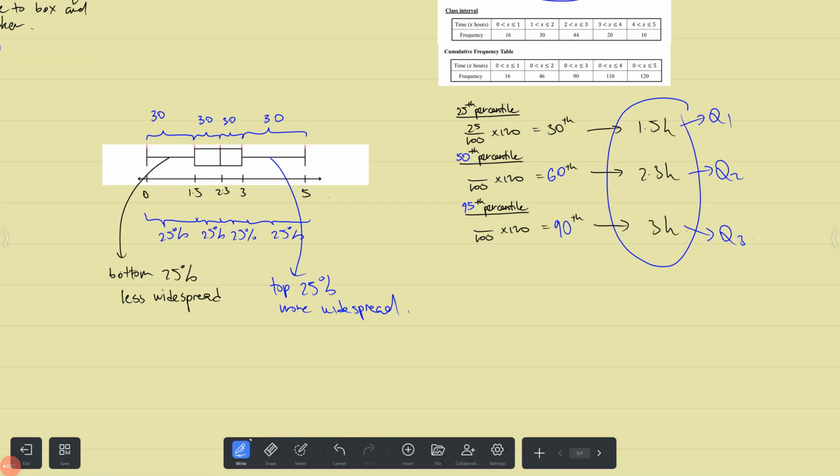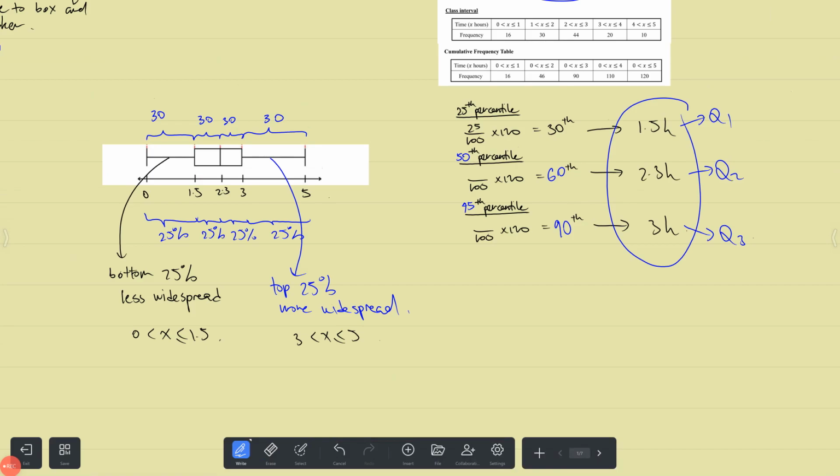Right? Why? Because in the bottom 25% it's only from 0 all the way to 1.5 hours, and the top 25% is 3 hours all the way to 5 hours. Right? So something for us to understand a little bit more. Of course, it's referenced in detail when we talk about comparison using our interquartile range.